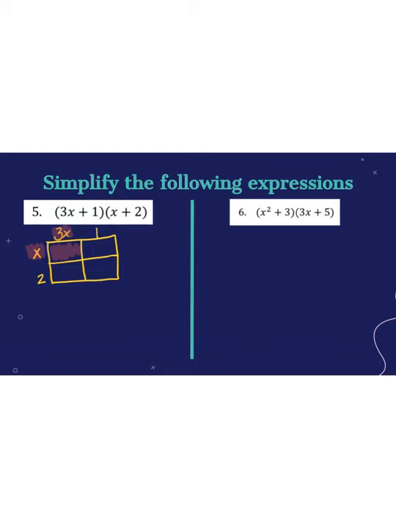Remember, if there's no number in front, there's a 1, so 3 times 1 is 3, and then I have x times x, which gives me x squared. Once I have that one done, I want to move to this box, and I'm going to do that with this number on the top and this number on the side. 1 times 1 is 1, and then I still have that 1x.